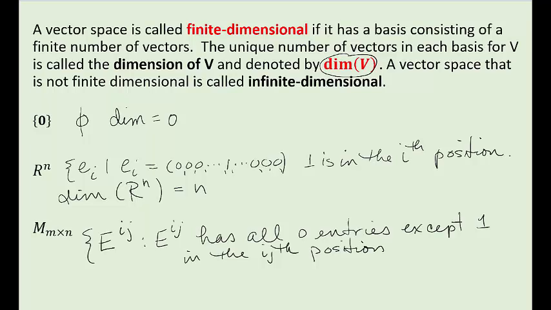In other words, the ith row, the jth column. And of course there would be m times n of those. So the dimension of the vector space of m by n matrices is mn, the product.